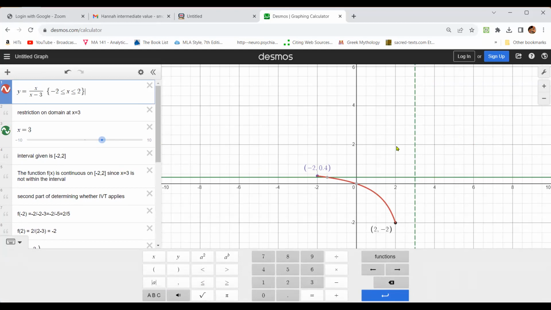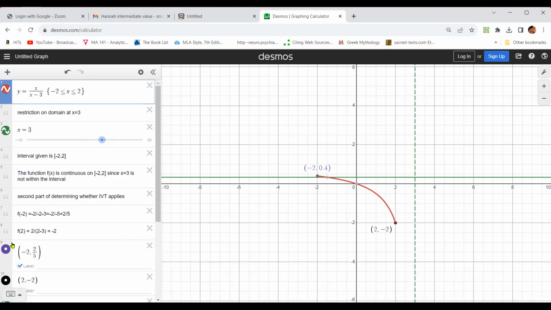Okay, so now, let me get this out of the way. There we go. Let me pull that back down. So we've got our function. Now, it's hard to see here, but that's why I have these labeled. This green line is y equals 1/3.